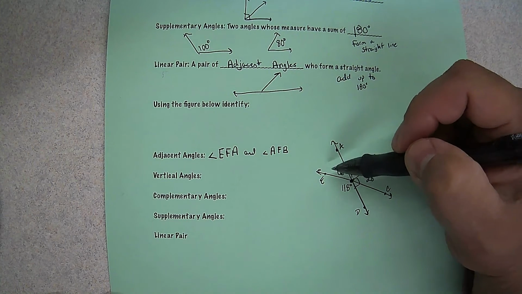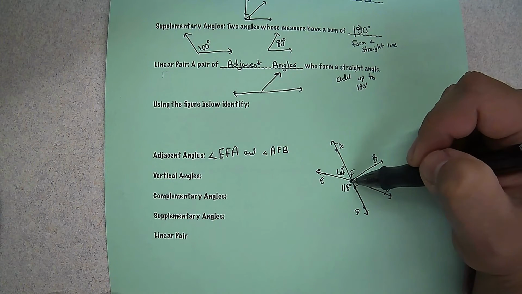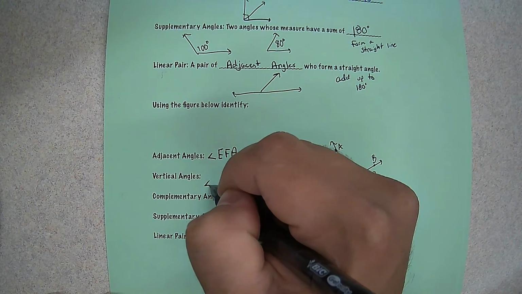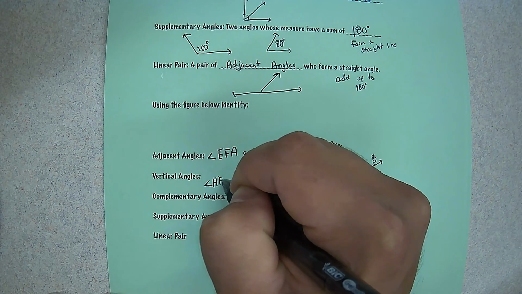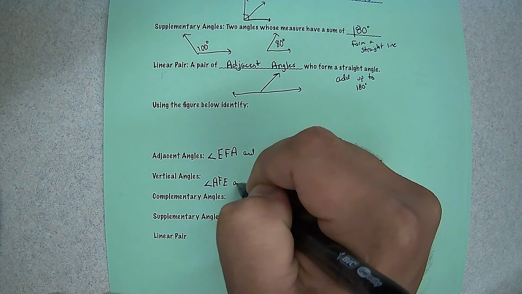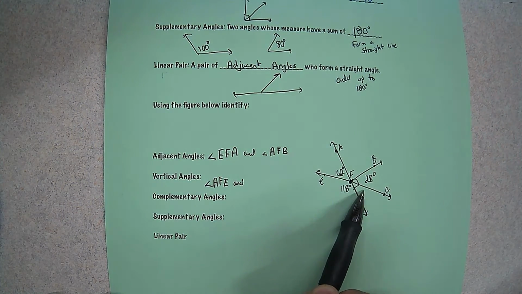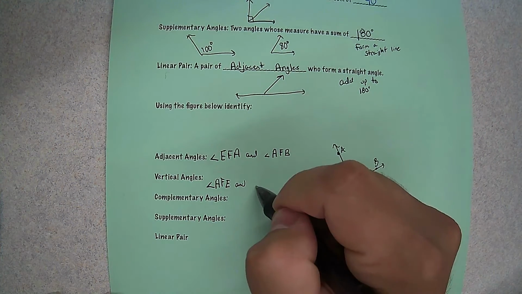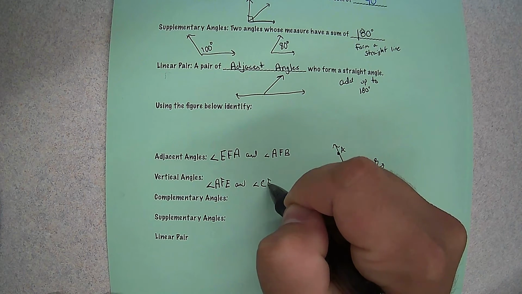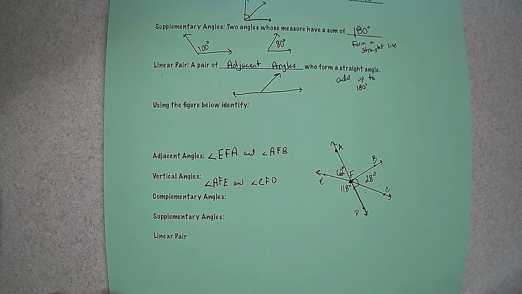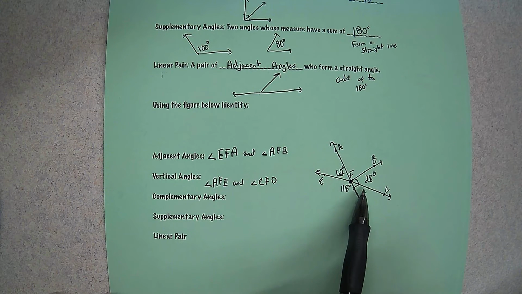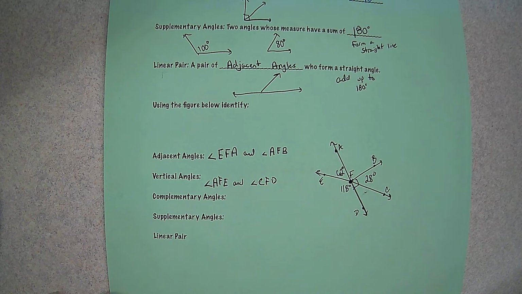So we could have angle AFE, and notice across from it is this CFD. These are across. They would also have the same angle measure. So if this is 62, this one right here would be 62.